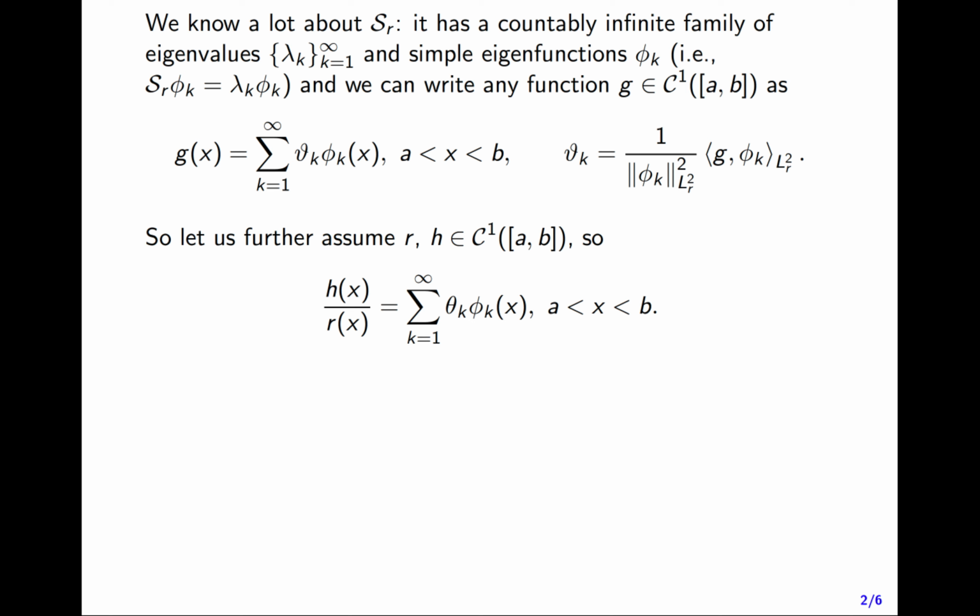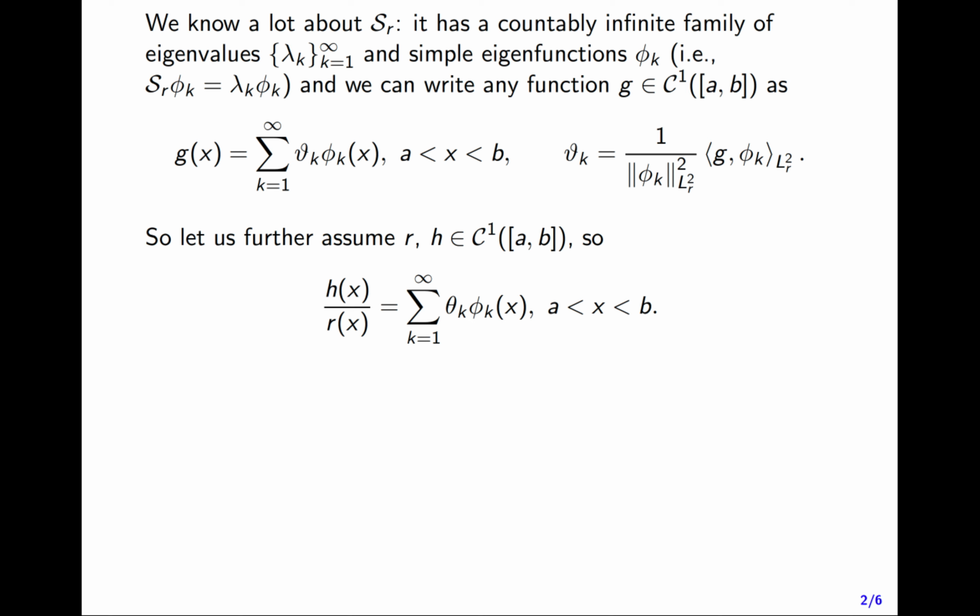So for the purposes of solving this boundary value problem, let's also assume that our given functions r and h are continuously differentiable on the interval a to b, not just continuous. And in this case, we can write h of x divided by r of x. That's going to be a continuously differentiable function because r is never 0.